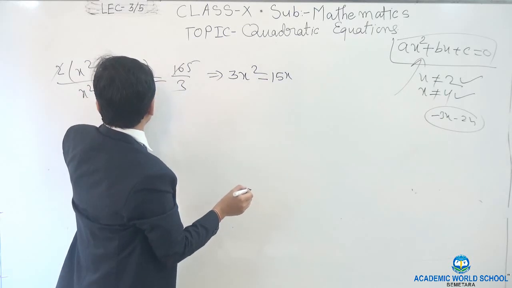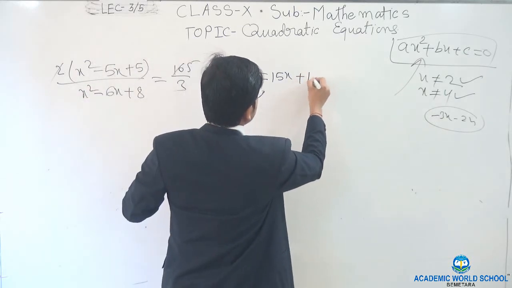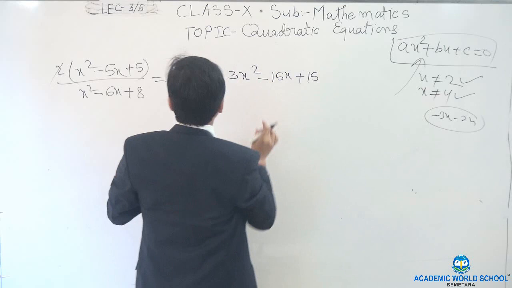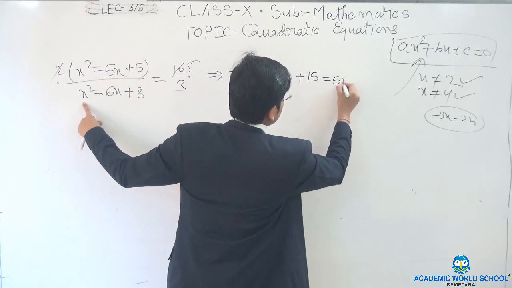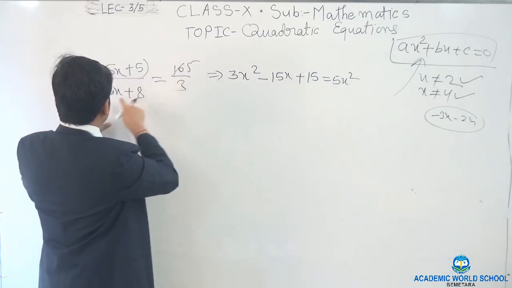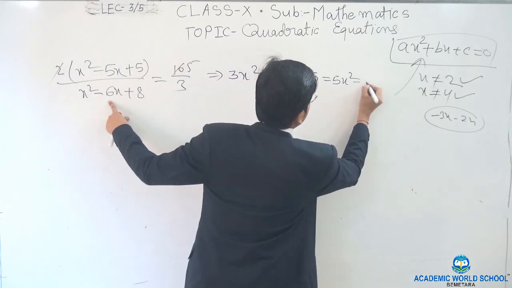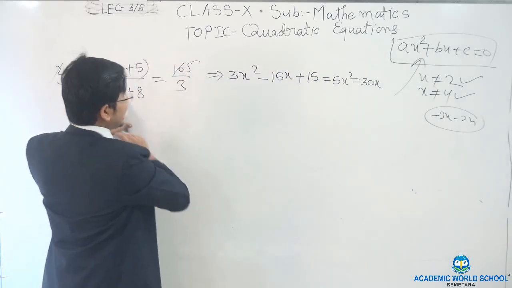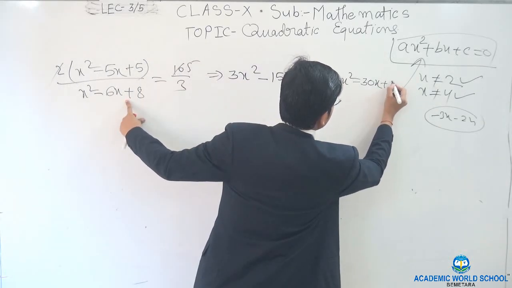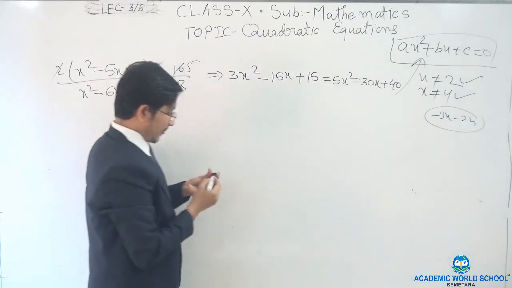Okay, 3 into 5 plus 15. Now this 5 into x square is equal to 5x square. 5 into 6 minus 30x. Now 5 into 8 plus 40.